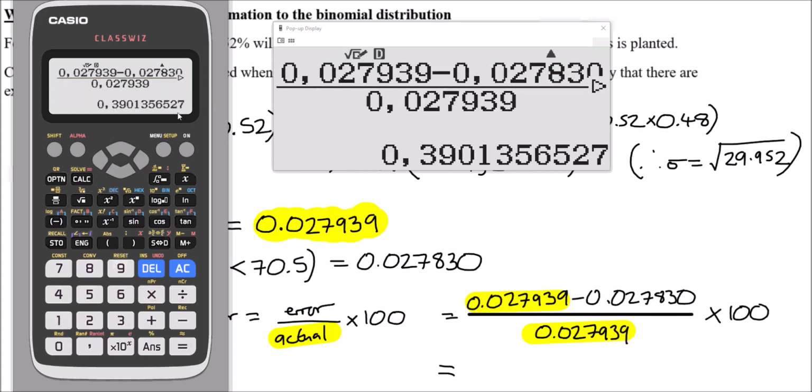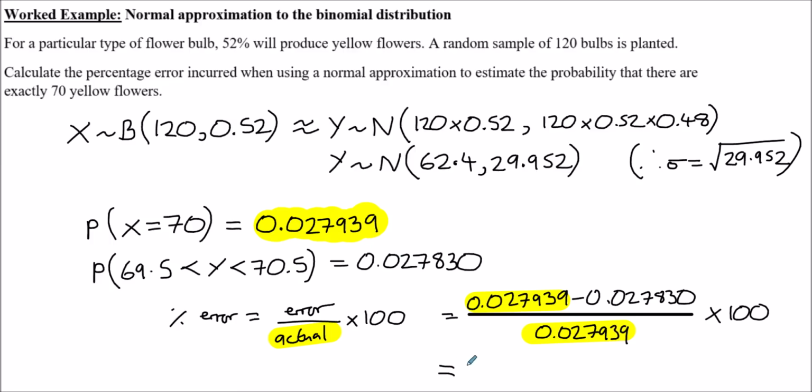We get a percentage error of about 0.390, so less than a 1% error with that calculation. So as you can see, the normal approximation does fit very well to the exact probability. So a 0.390% error, which is very accurate indeed.